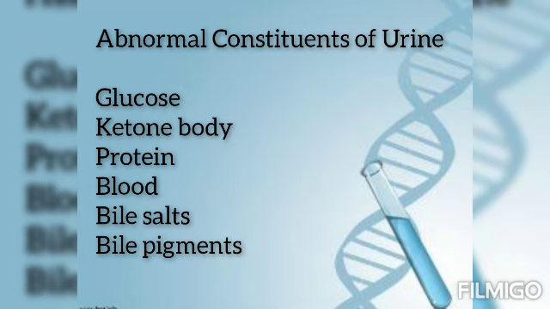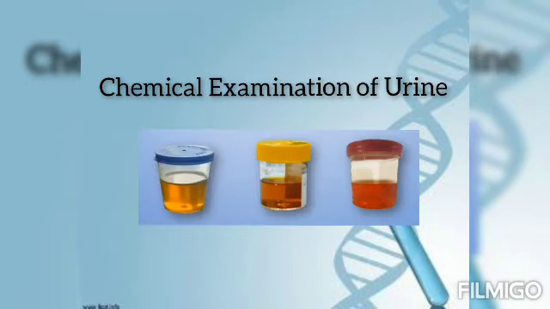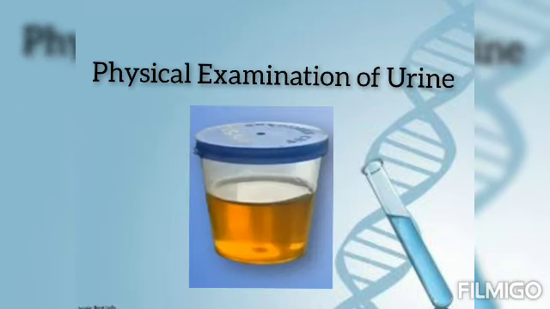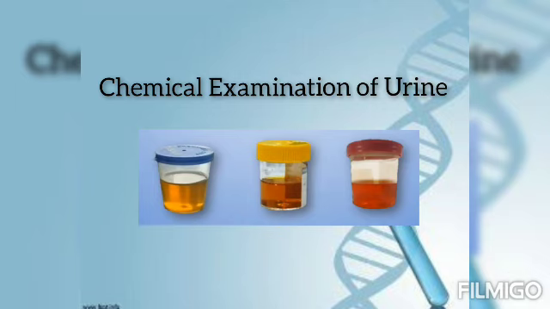Then let's see the presence of abnormal constituents in urine like glucose, ketone bodies, proteins, blood, bile salts and bile pigments. First one is glucose. It comes under the chemical examination of urine.